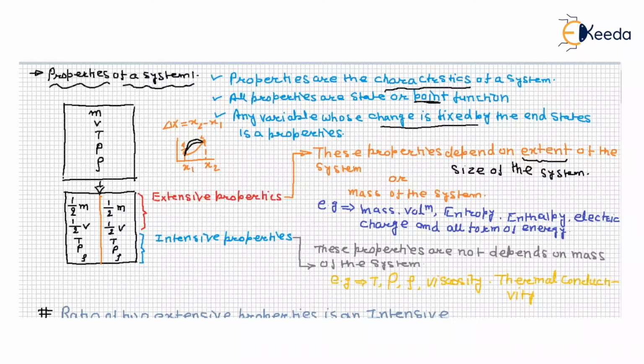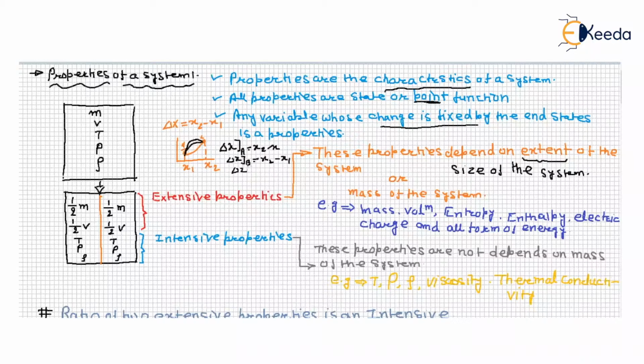That means if delta x via path A, let's suppose, is x2 minus x1, delta x via path B is also x2 minus x1, delta x via path C is also x2 minus x1.